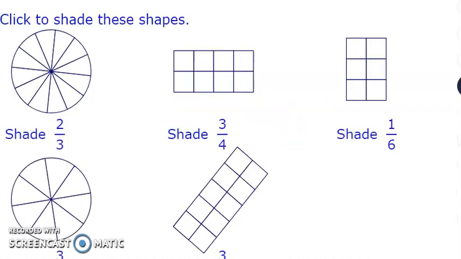You will find 3 by 4 of 8. You write here 3 by 4 of 8 and you cancel and you get 3 2s are 6. So out of 8 boxes you have to shade 6 boxes.